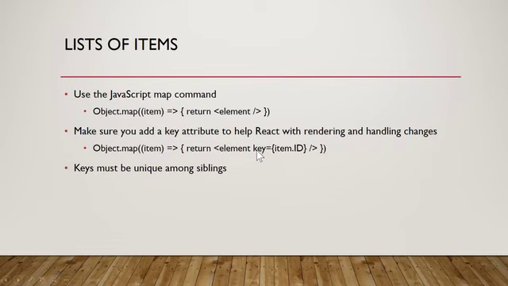So all you really have to do is put in key equals whatever you want. Now, it just has to be unique, so React can manage it. As we say here, keys must be unique among siblings, which essentially just means any of its children, other elements at the same level have to have different keys. Because, like I said, it's how React builds and renders things.